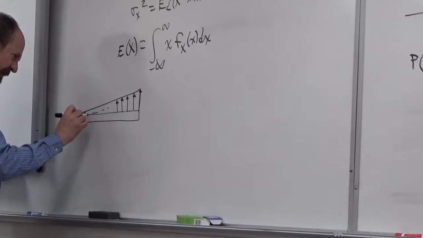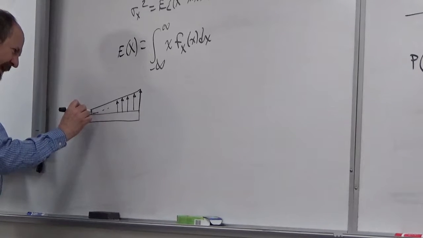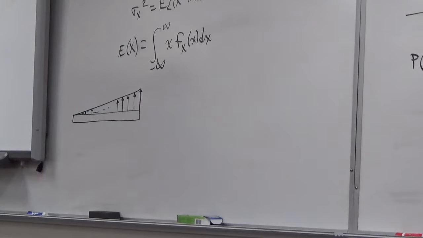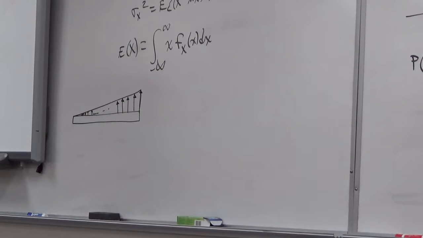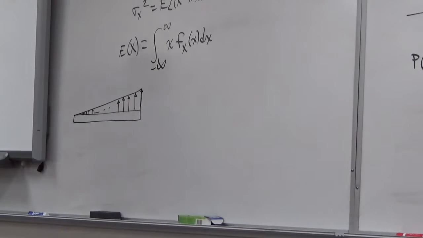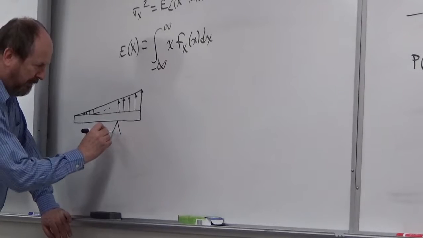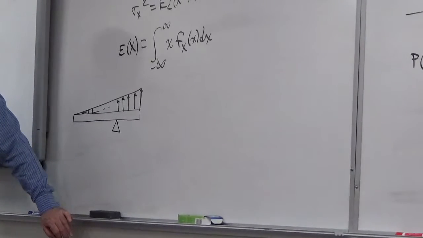So it's more heavily loaded on the right-hand end, and say that the beam is of negligible weight itself, and the moment, which is this moment, is what does it mean? It would be the point where you would need to put a, we call this a fulcrum. Remember that? To balance it.